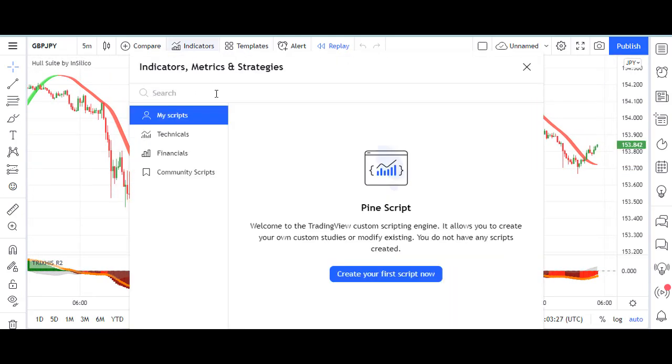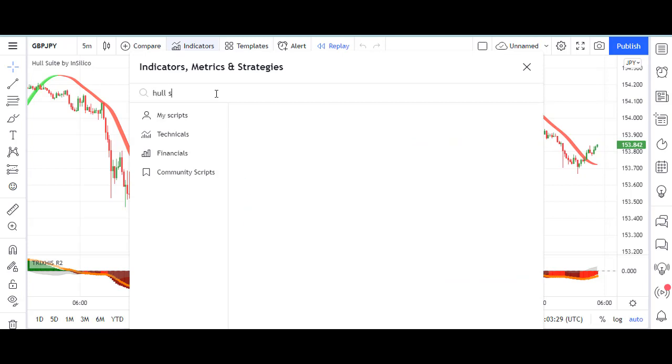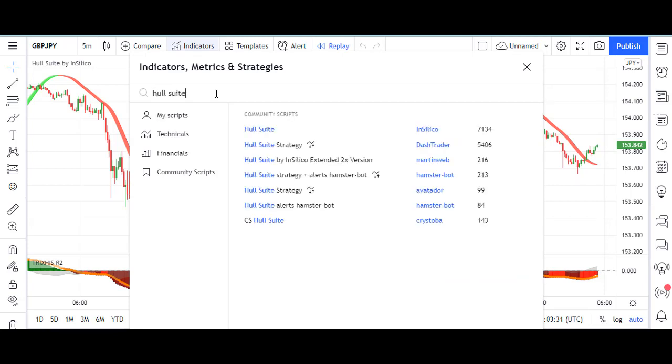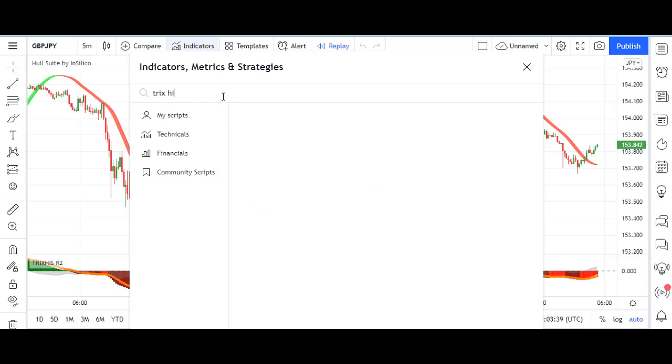Go to the indicators, search for the Hoonswitch indicator by Insilico and Trix Histogram, Arnold 112 by JustUncleL.